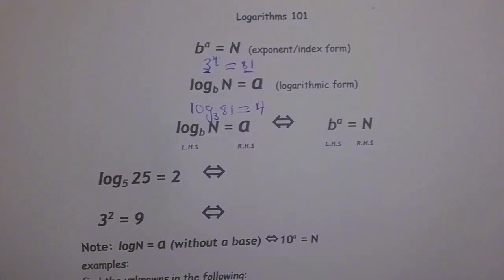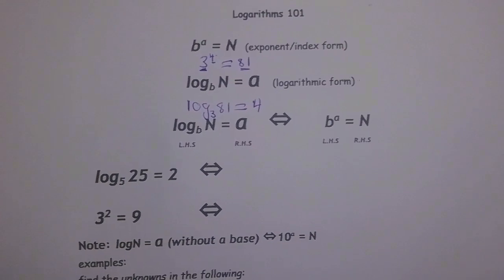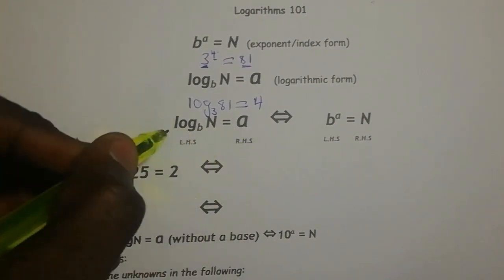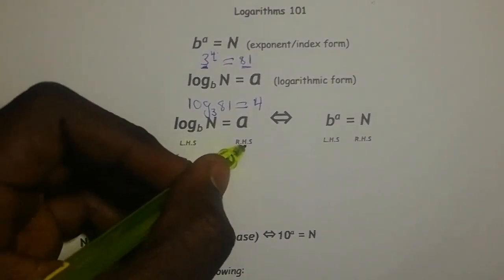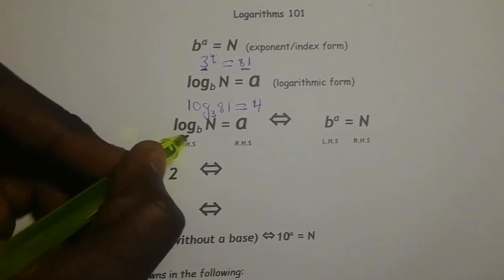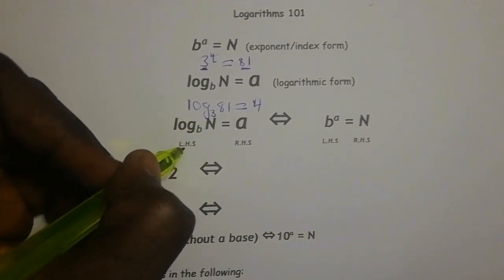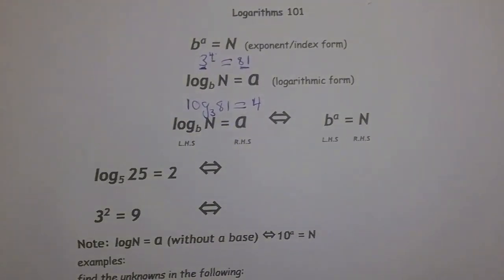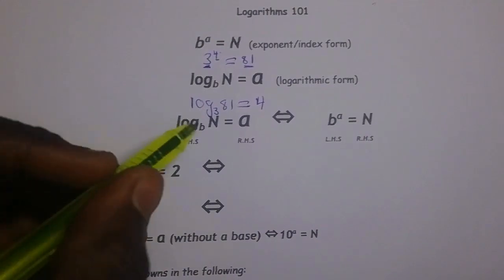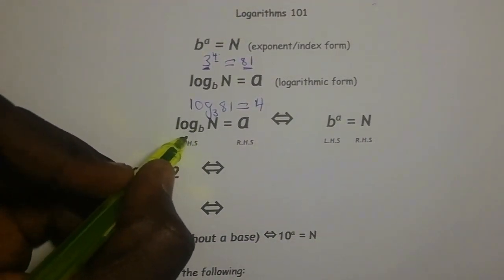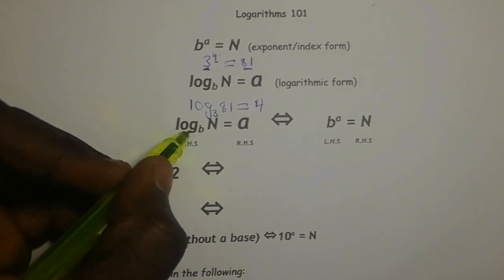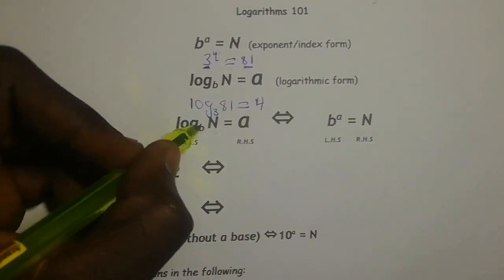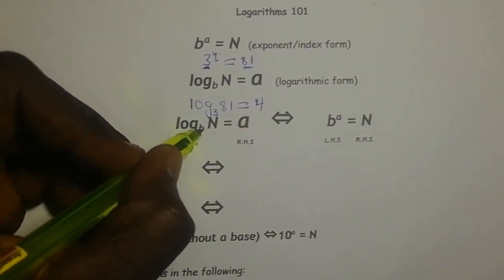One way to remember this is to look at it like this. We have two sides of the equation, the left hand side and the right hand side. On the left hand side you have the log sign, then the base and the number, and on the right hand side you have the power, the exponent. To remember this, you take the number in between the log sign and the number, the base, which is a small number written low.